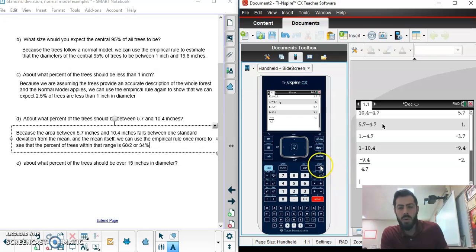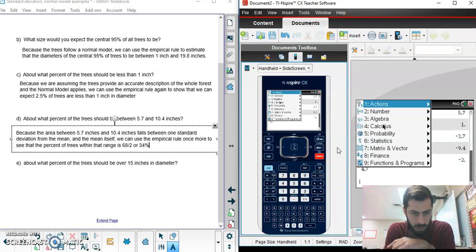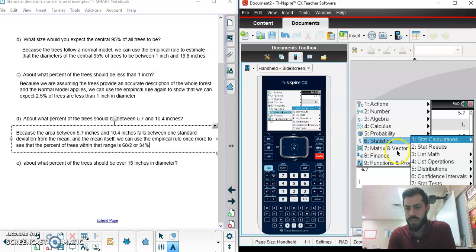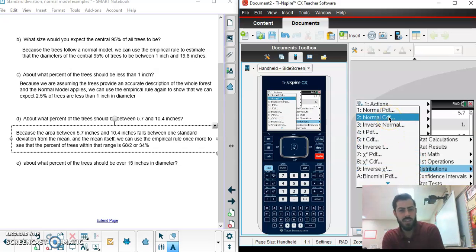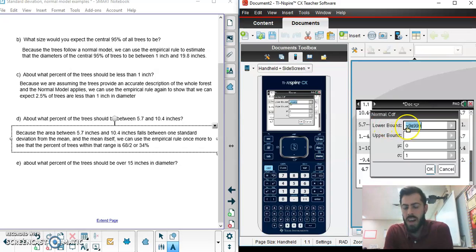So what we can do is say, all right, I know this is normal, and I know I'm looking for a cumulative range underneath the graph. So I can say, statistics, distributions. This is a normal CDF situation. I know my lower bound is going to be my z-score because I want to know what is over 15 inches.